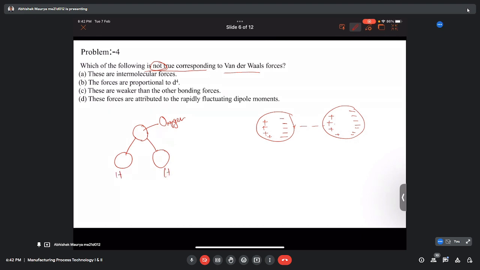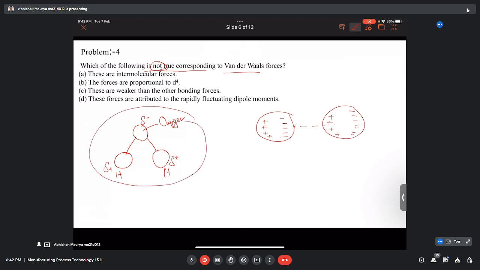Since oxygen is more electronegative, what will it do? It will try to attract the electrons towards itself, and because of this, it will gain partial negative charge, whereas the hydrogen atoms will get partially positive charge. And this is the H2O molecule.